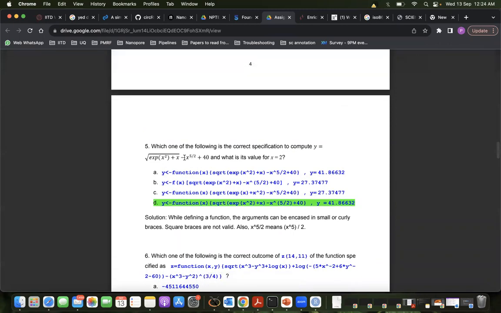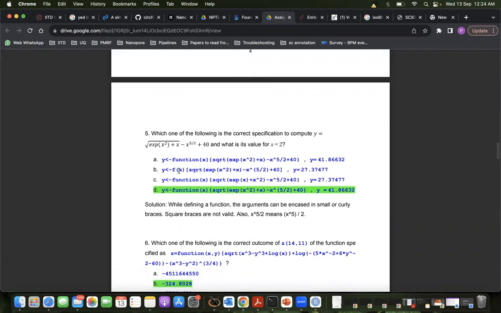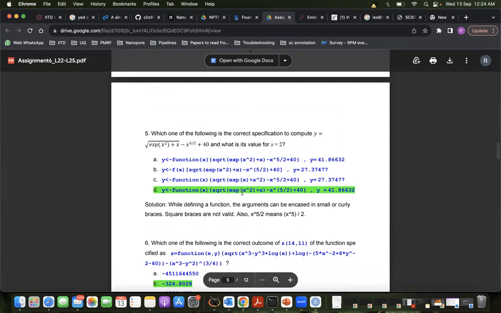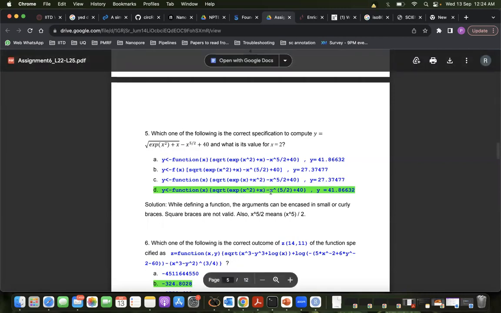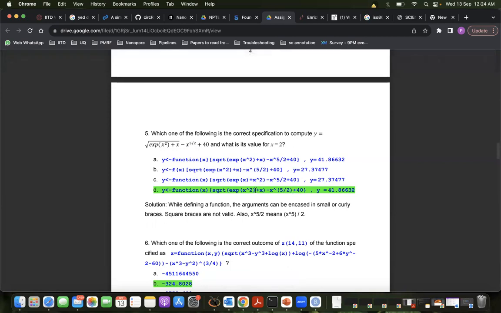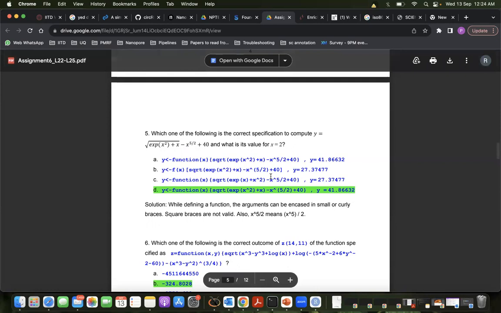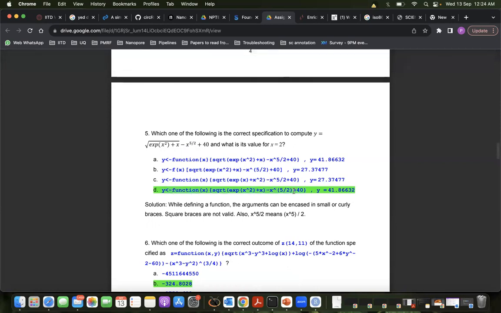Okay. Yeah, so this one, you just need to see that it's making sense. So exponential x to the power 2 and plus x, and that whole thing you're finding a square root, and then you're subtracting x to the power this plus 40. You just have to convert it correctly, use appropriate brackets and format, and that's how you define a function, right?